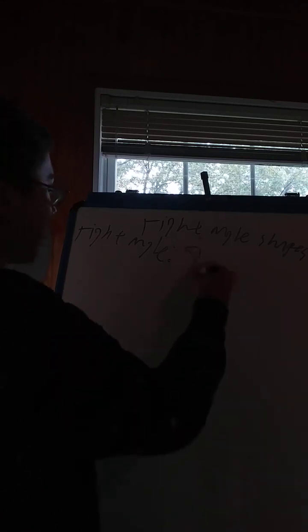And how many degrees is a right angle? 90 degrees. Now let's look at this model here. So you have a vertical line and a horizontal line here.